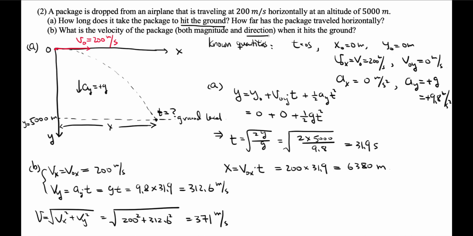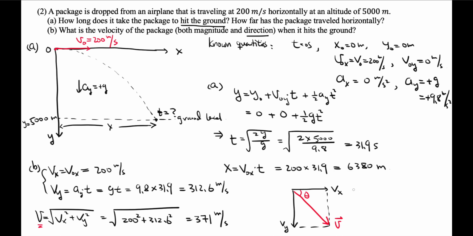But we also need to figure out the direction. So to do that, I want to draw the Vx and Vy schematically in this picture. So Vx is horizontal, and Vy is longer than Vx, right? Because it's 312. And their summation is given by this vector. That's the final v that we calculated here. And its direction, let's say this angle is theta.